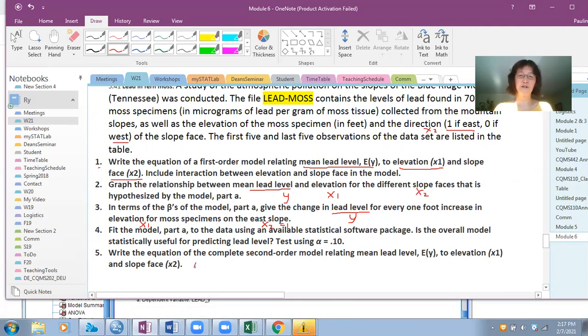Step 5, write an equation of the complete second order model. So the complete second order model would be E(Y) equal to beta 0 or B0 plus B1 x1, plus B2 x2, and then plus the interaction B3 x1 x2, and then plus B4 x1 squared plus B5 x2 squared.